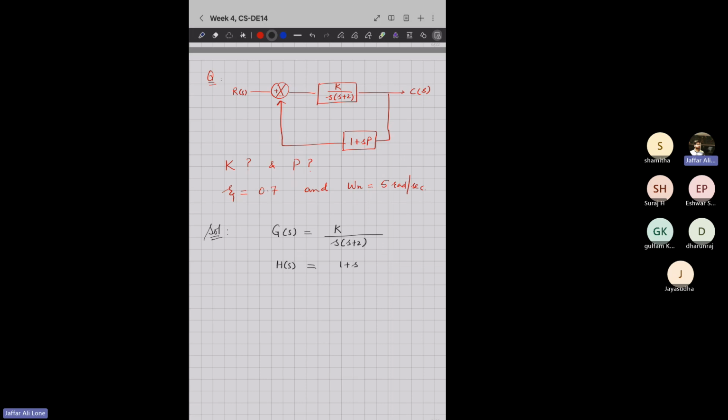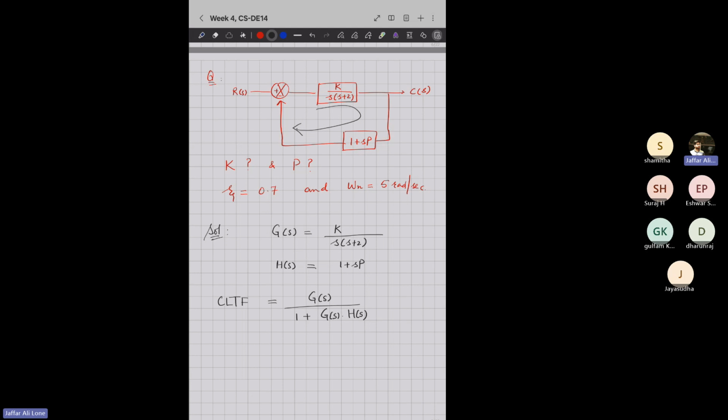1 plus SP. Now, when I write this closed loop transfer function, I'll write that as CLTF. That will be equal to G of S divided by 1 plus G of S into H of S. So till now we were having unity feedback.